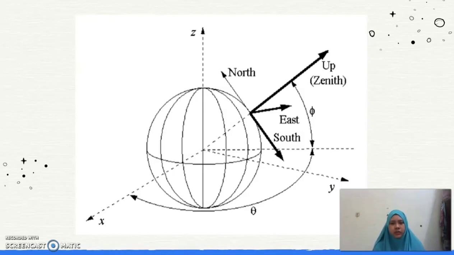So there is the position of the topocentric coordinate system, with its slope, at 19 degrees for the position. So we can see the position of the topocentric coordinate system.